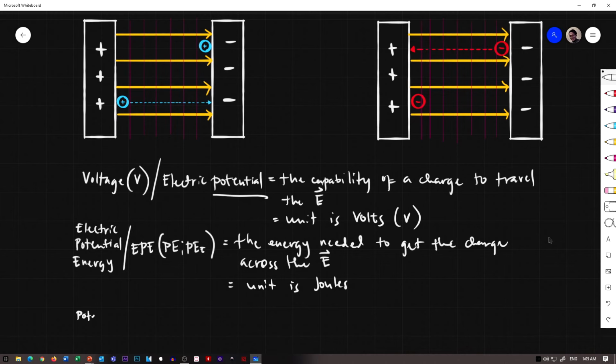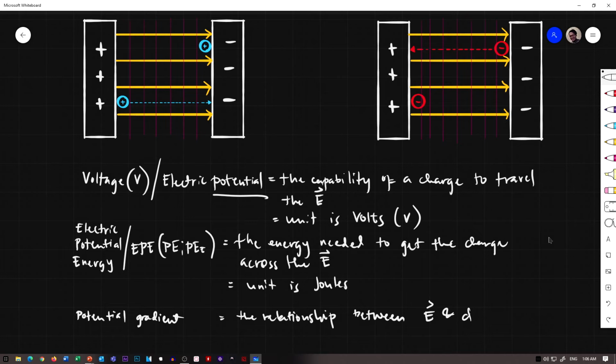So potential gradient is basically the relationship between the electric field and distance. Alright, so this is what I will be showing later in the illustration. Distance between the plates.